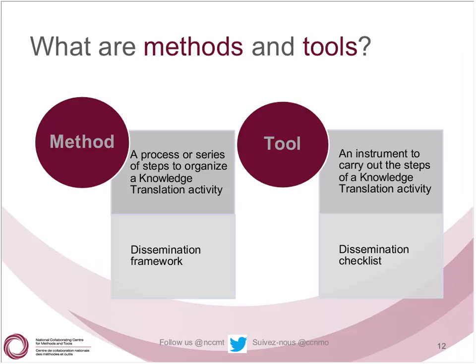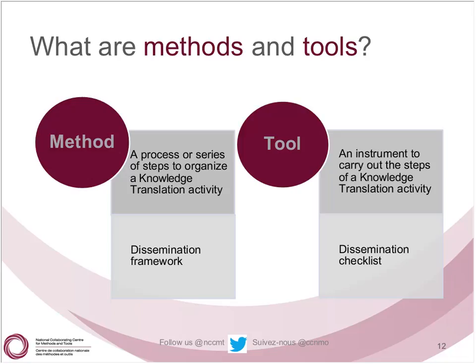So I've been using the term methods and tools, and I just want to bring a little bit of a definition to those things. When we talk about a method, we're talking about a process or a series of steps related to knowledge translation. So for example, a framework might be considered to be a method, a bunch of organized steps.